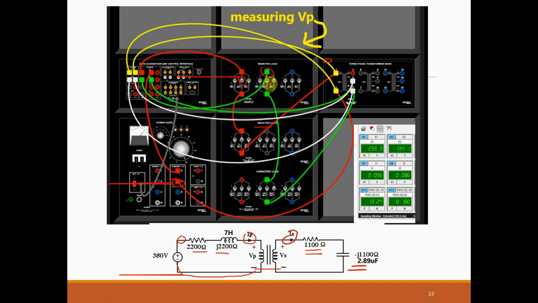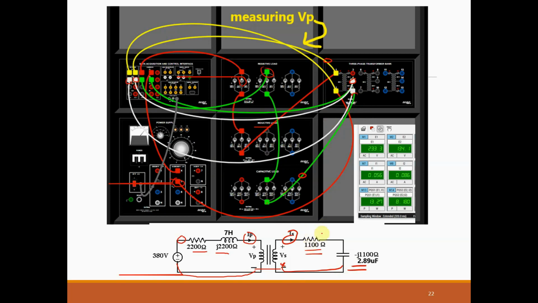So this one is a resistive load in series with a capacitor, and the other side of the capacitor is going back to the VS. And we need to measure the voltage across VS, so we connect this to E2 positive and E2 negative.